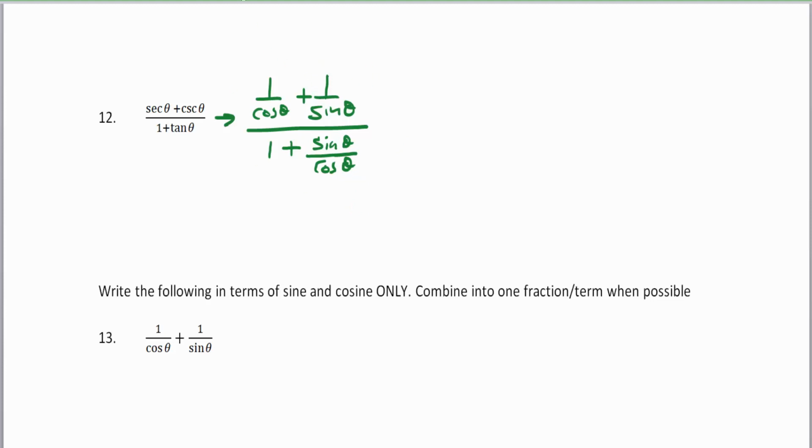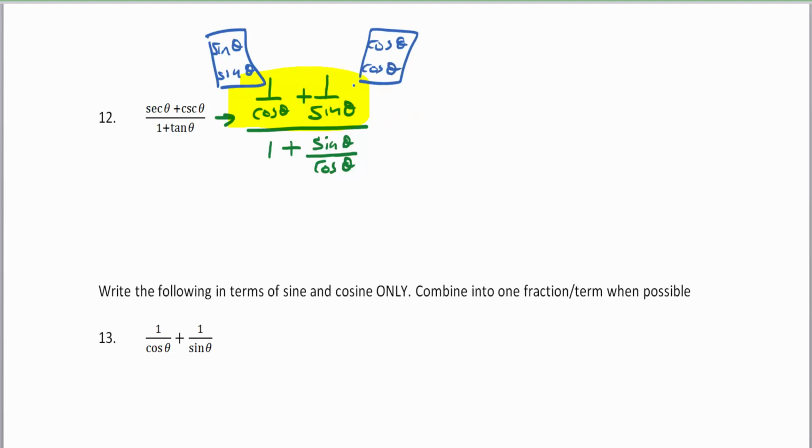So now that we have a complex fraction, what we're going to need to do is combine our denominators here. So I'm going to highlight this in yellow and say I'm going to get a common denominator between the cosine and the sine. So I'm going to multiply this by sine over sine. Okay? I'm going to multiply this by cosine over cosine.